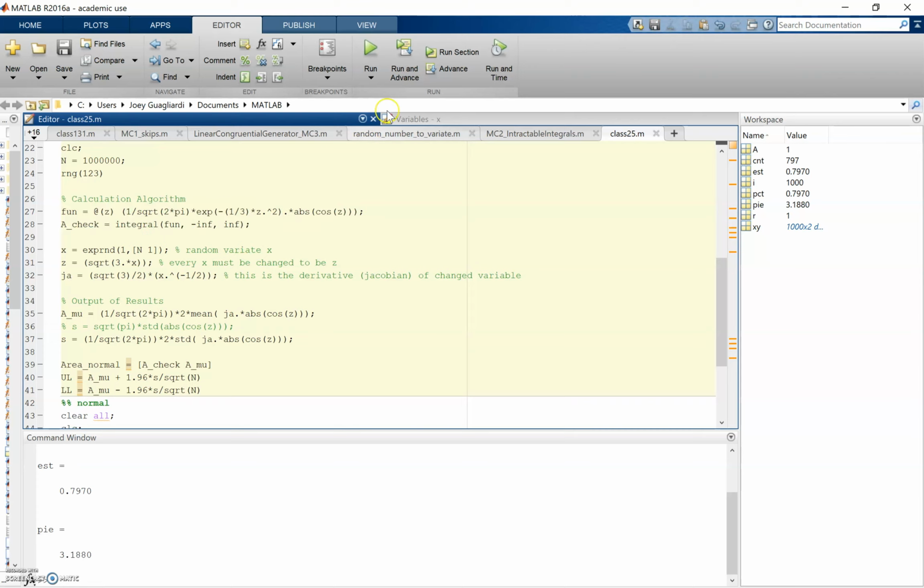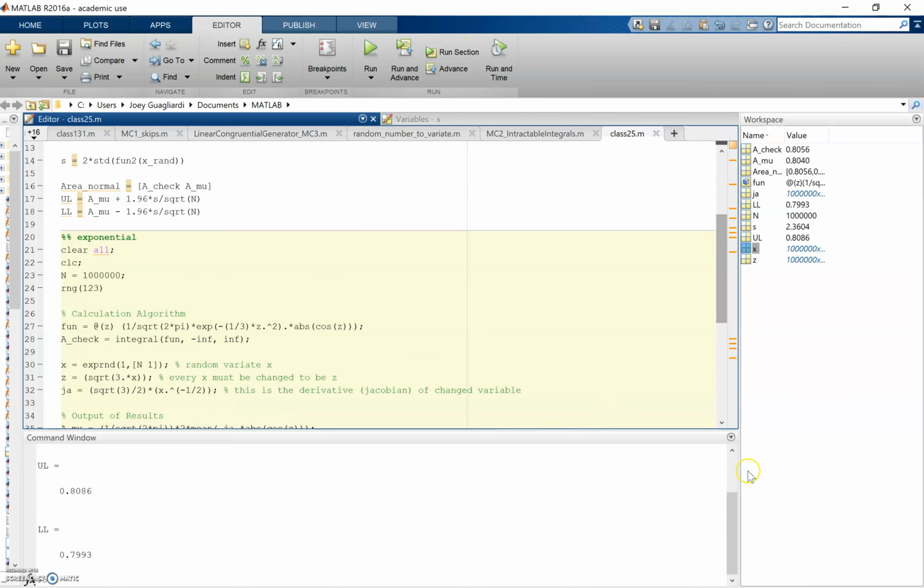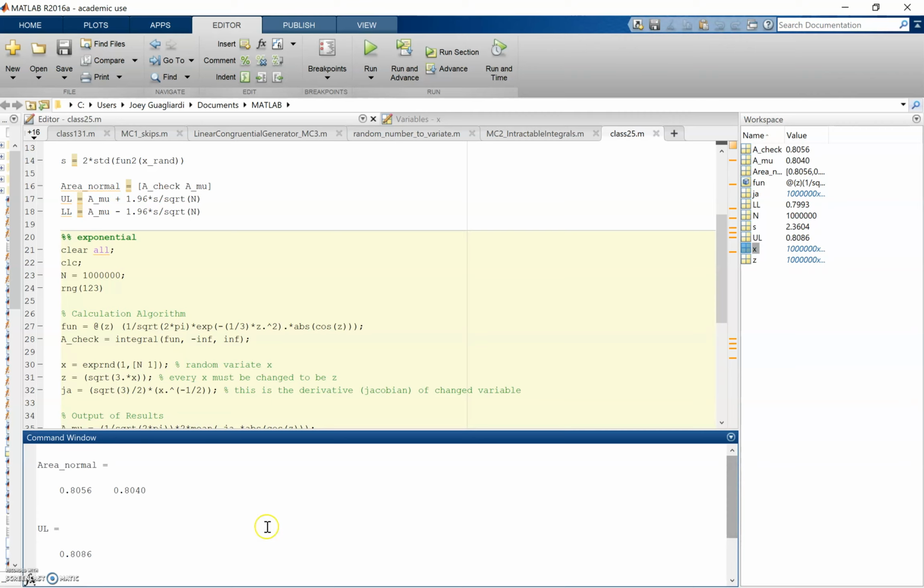And so as you can see, when we run this, we get an area from MATLAB of 0.8056 and an area from our equation using the distribution of 0.8040.